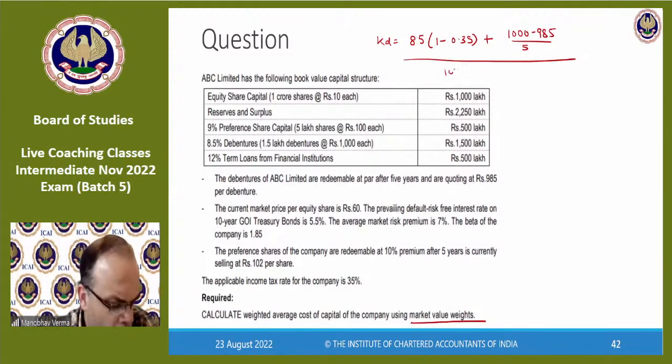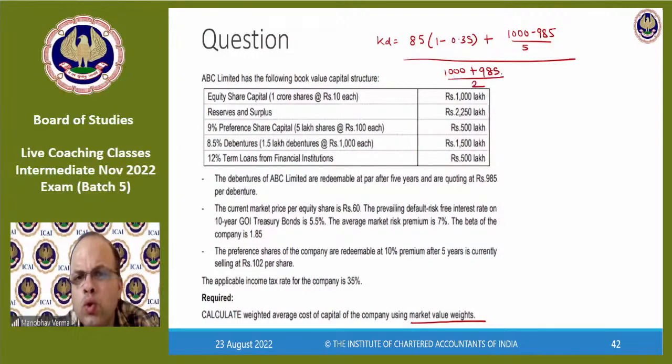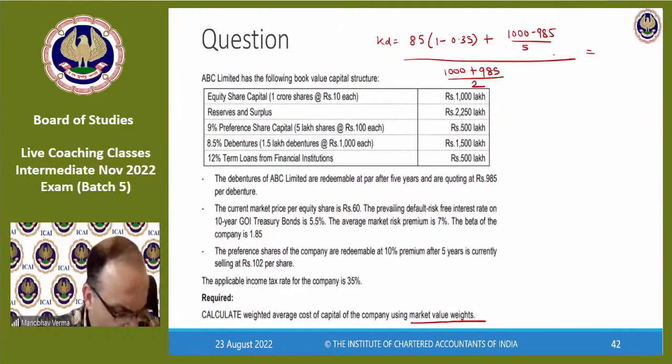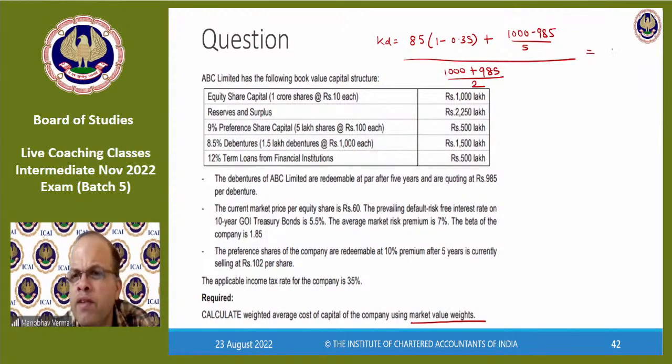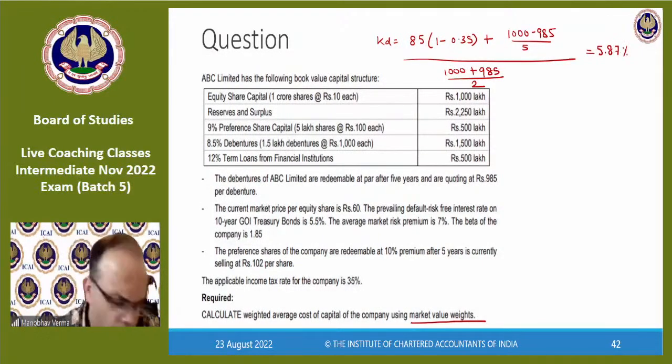And then 1000 plus 985 upon 2. Am I correct, guys? This is how you will be calculating the cost of debentures. I'm getting some responses from people as 5.87%. I guess there are 3 or 4 students who have given me answers as 5.87%. You guys can check the calculation, please.